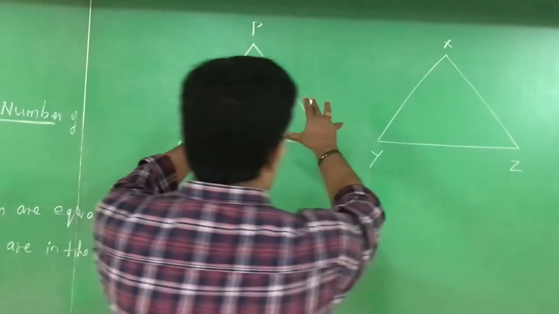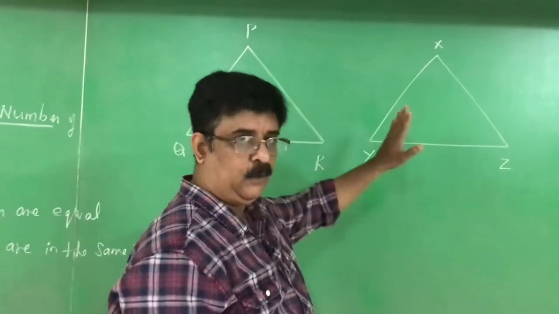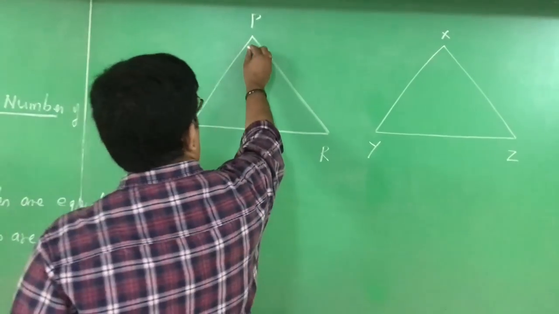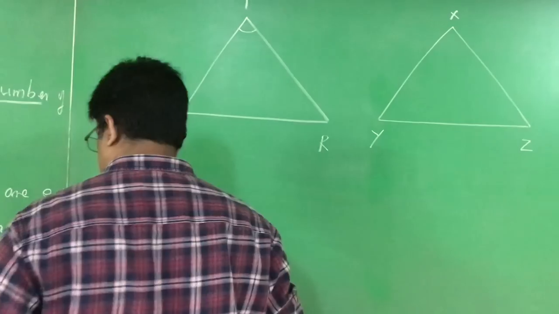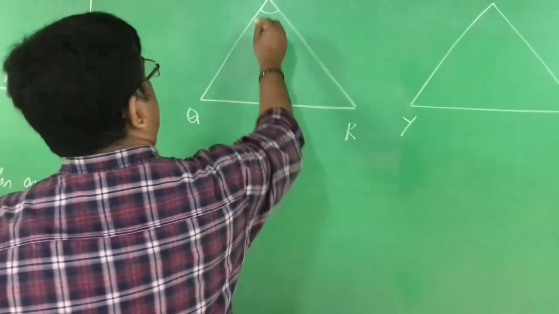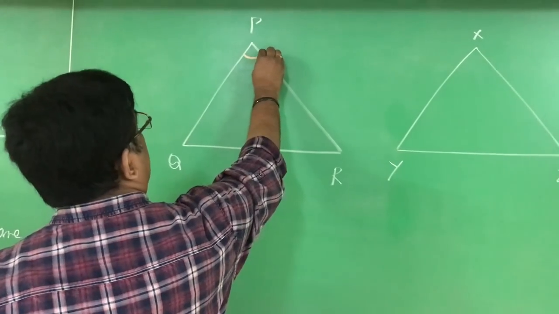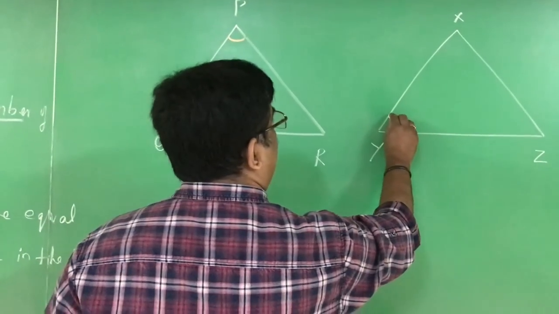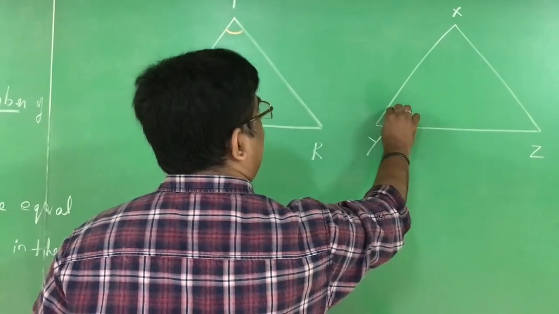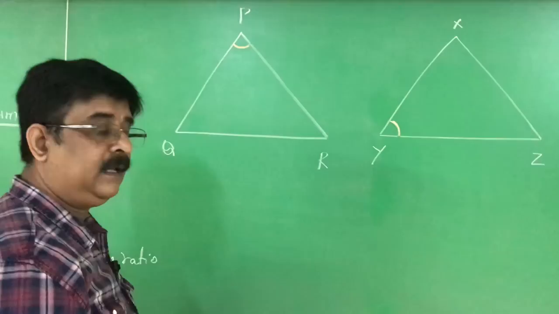Now I mark the angles. I don't put the numbers now. Be careful about it. See, I mark angle P using a color, as a single arc. Here I mark Y by a single arc. What does it mean?